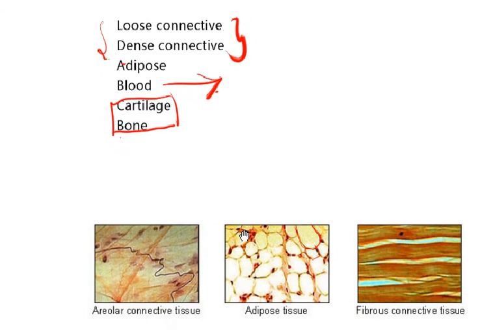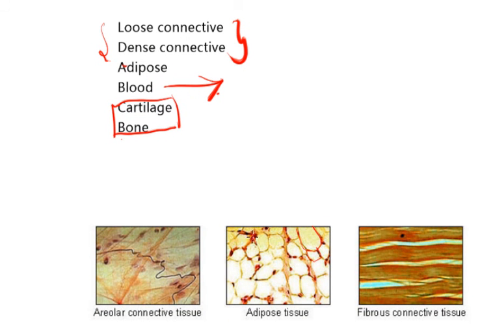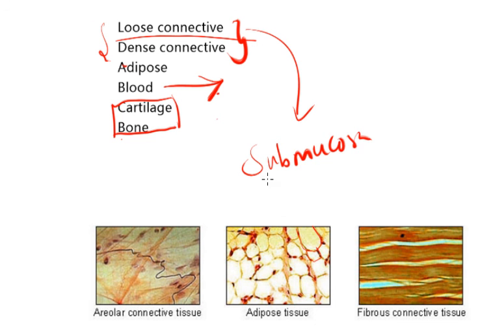Those connective tissues are between various tissues, connecting one another, right? For example, you can find this connective tissue in the submucosa of hollow organs.